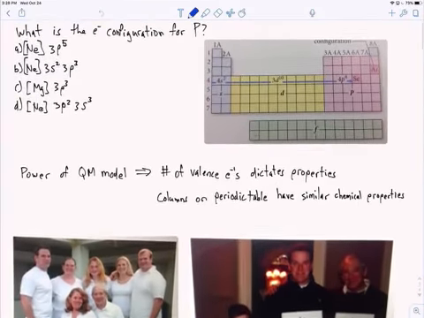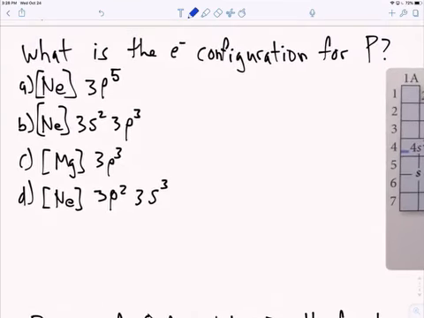So let's see if you're following. What is the electronic configuration for phosphorus? Phosphorus, I should tell you, it's right here. How many think it's A?